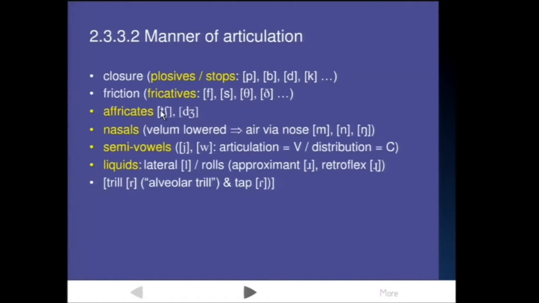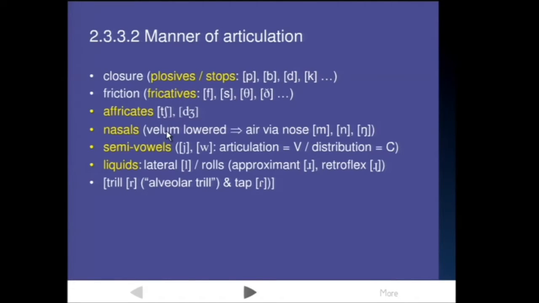But instead of releasing the airstream completely, t, you leave the tongue slightly up in the post-alveolar position, just like sh, okay? So you combine the two. Instead of having t, you say ch. So the air is released not explosively, but with friction. And it's one movement, it's one sound. Ch and j. Okay, complete closure, those are stops. Friction, fricatives, a combination of stop and friction, that's an affricate.